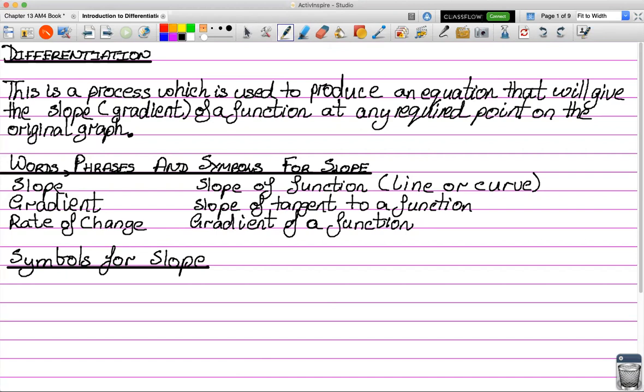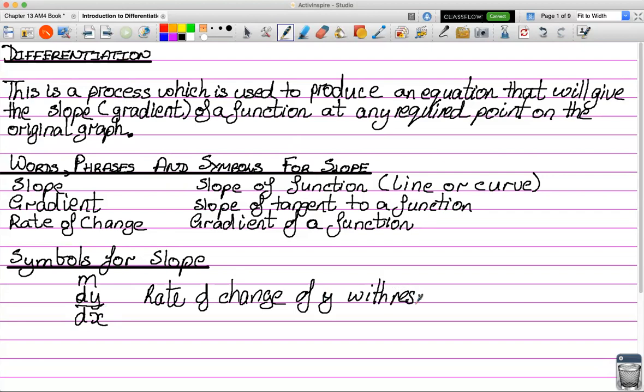The symbols for slope, well, you already know some of them. The symbol for slope from second and third year is m. Now we've got something called dy by dx, also sometimes called the rate of change of y with respect to x.